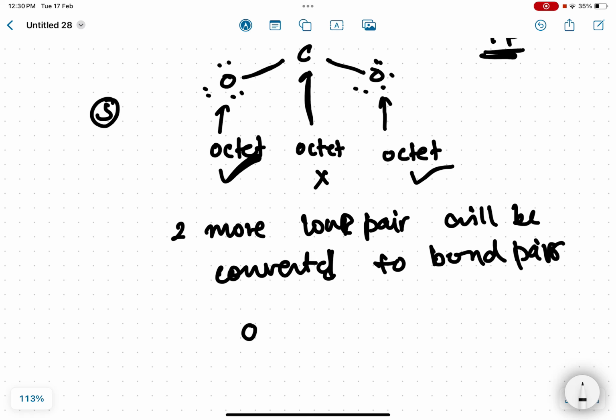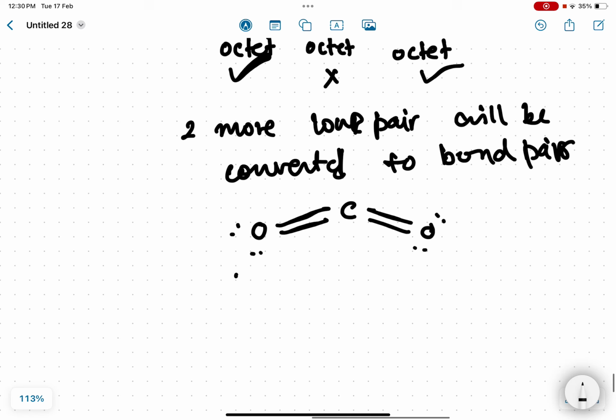So in this case, oxygen, one from here and one from here we can symmetrically draw. And now if we see, the octet is complete for all 3 atoms. So this is the final Lewis structure of carbon dioxide.